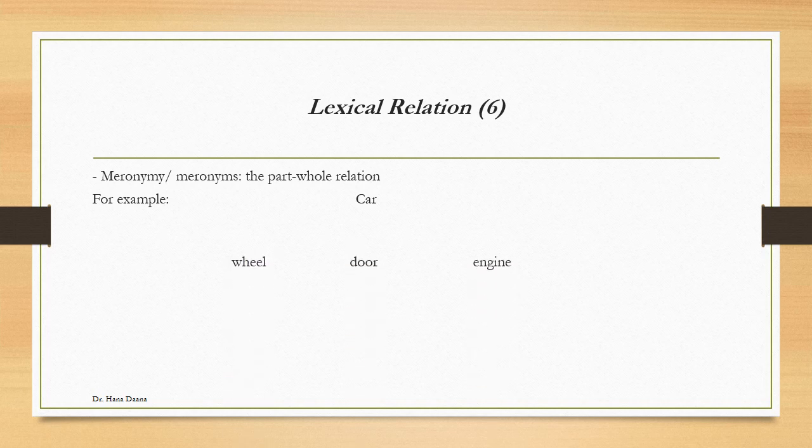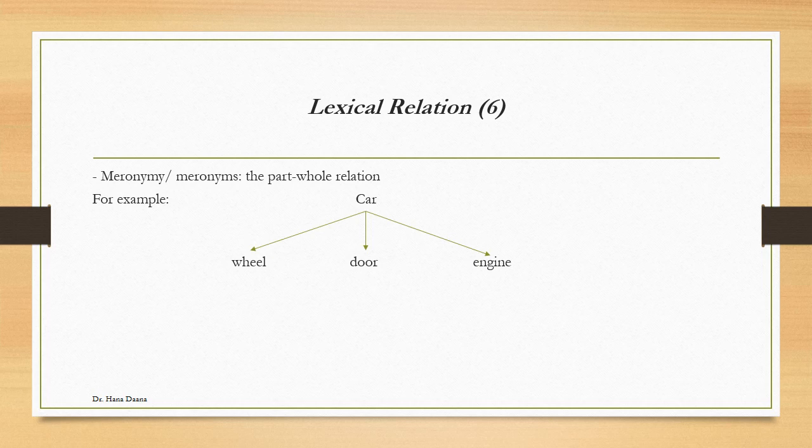The term car is connected to these three terms in one way or another in our lexicon. It's connected to wheel, door, and engine. So there is a kind of relationship between wheel, door, and engine on one hand, and car on the other. So what we have here is the meronymy relationship.